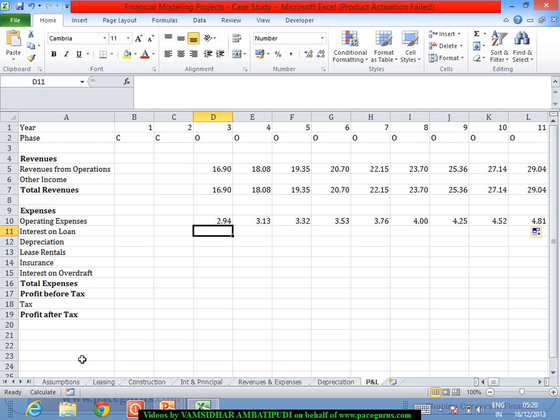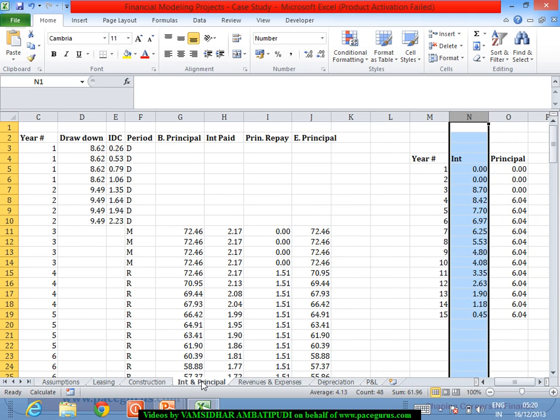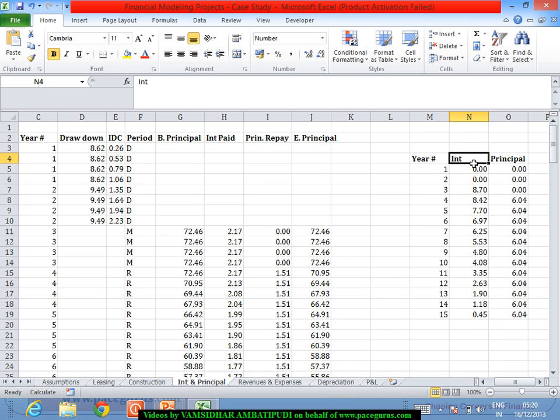So all I will do is use a formula called index, because this is in column row format, whereas my interest here is in the column format. So it's better that I start addressing from this particular location.